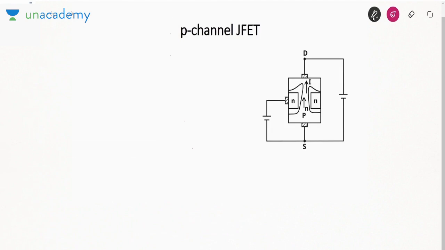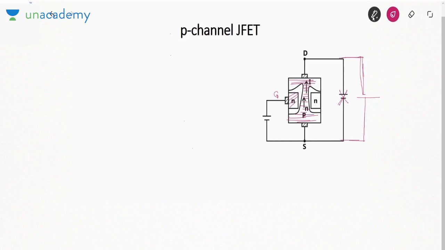Now let us talk about P channel JFET. See, in P channel JFET what is happening? We are connecting N region at the gate and we are connecting P region between drain and source. So this entire region is P region. But now here this polarity of voltage is incorrect. We have to apply opposite polarity, that is positive terminal at the source and negative terminal at the drain.